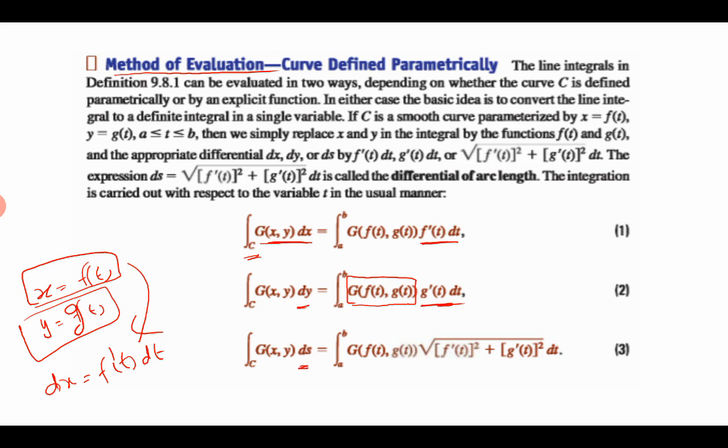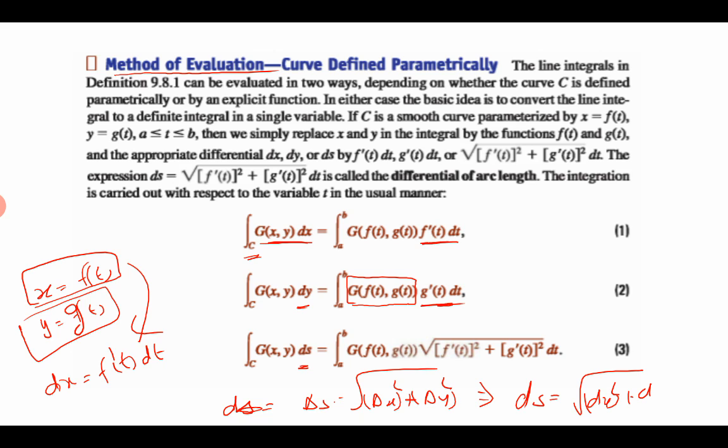For ds, by the Pythagoras theorem, we know that del s squared is del x squared plus del y squared. So what is ds? ds is the square root of dx squared plus dy squared.